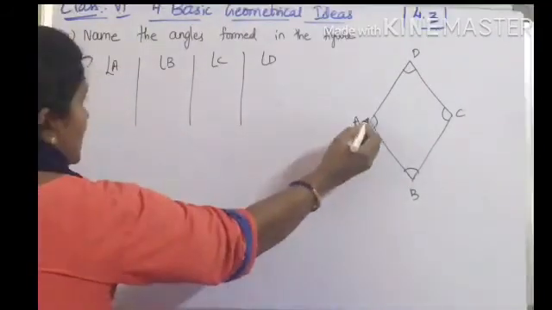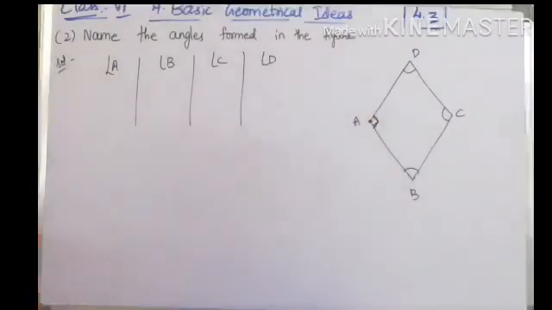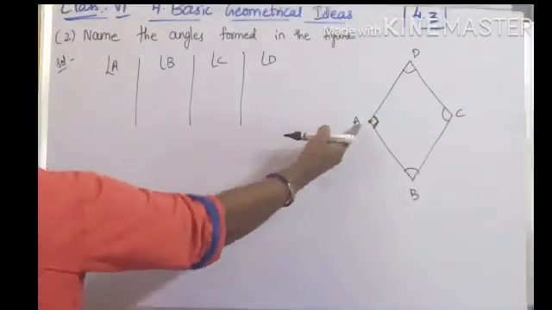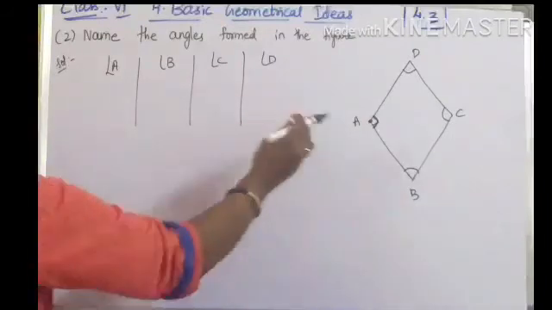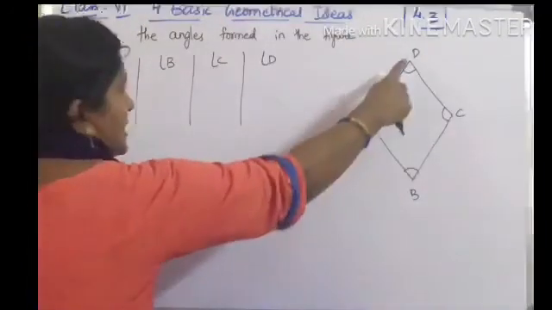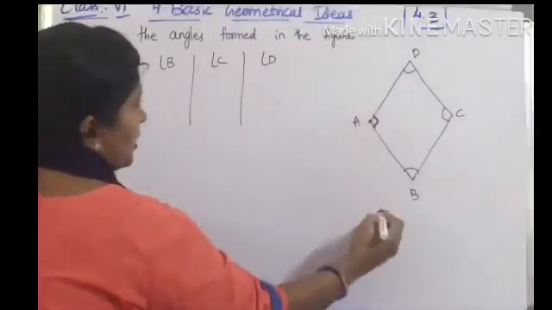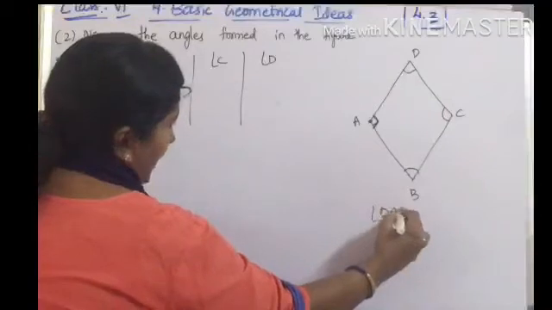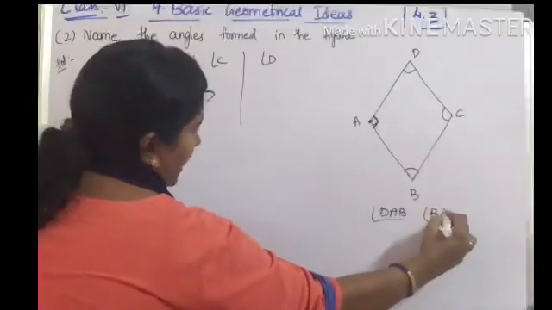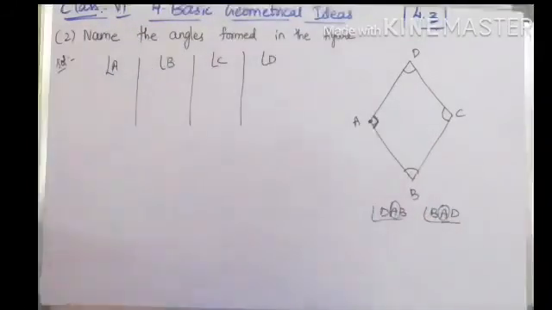But we learn how to represent the angles with 3 letters. What is the vertex here? A. So the vertex is where an angle is formed. Now, how do you write A with 3 letters, children? The vertex A should be in the middle. So you can write DAB or BAD. If you observe here, what is the middle letter? A. So always the vertex should be in the middle.